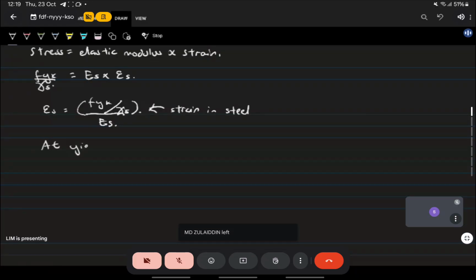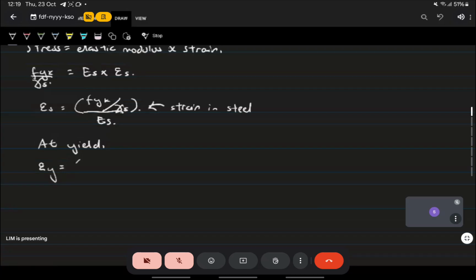When the steel is yielding, at yield, epsilon S becomes epsilon Y to signify that it has yielded. Y for yield. We basically just change the subscript of epsilon to Y.